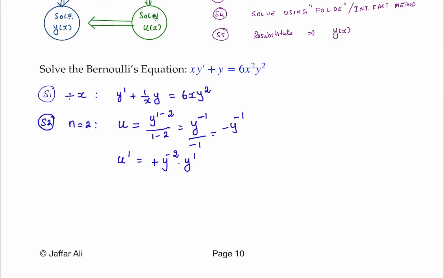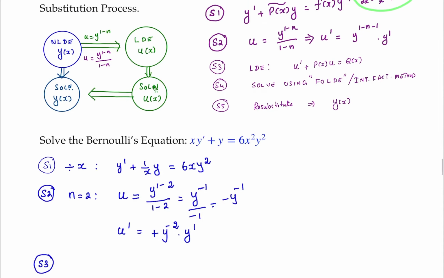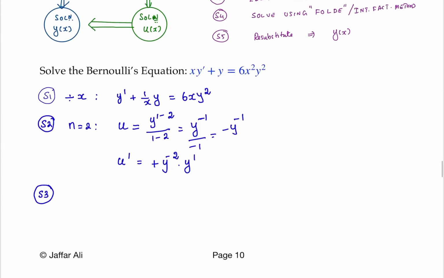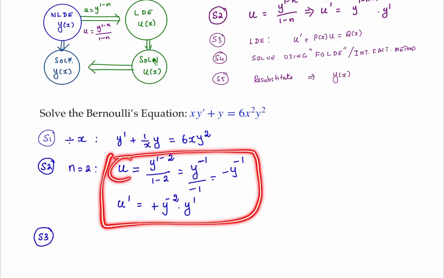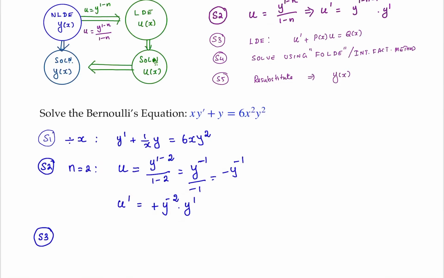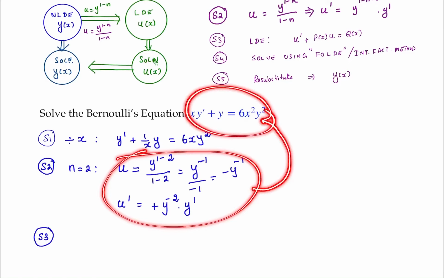Step 3 is now we are going to do the substitution method. Let's see what happens. I'm going to take a look at this information, that u is equal to y to the negative 1, and u prime is equal to y to the negative 2 times the y prime. I'm going to plug all this back in here.